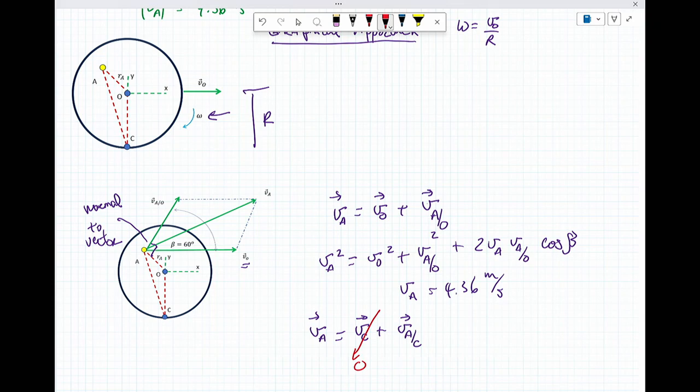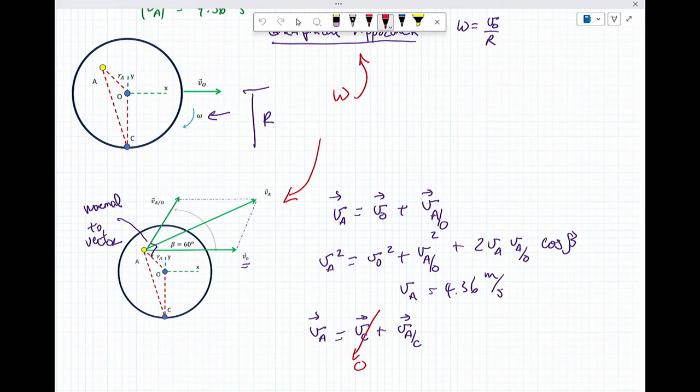We already know omega. And the omega that I calculated over here and over there and everywhere is the same on a rigid body. So no matter how I calculate it, any point on the body will have the same angular velocity.